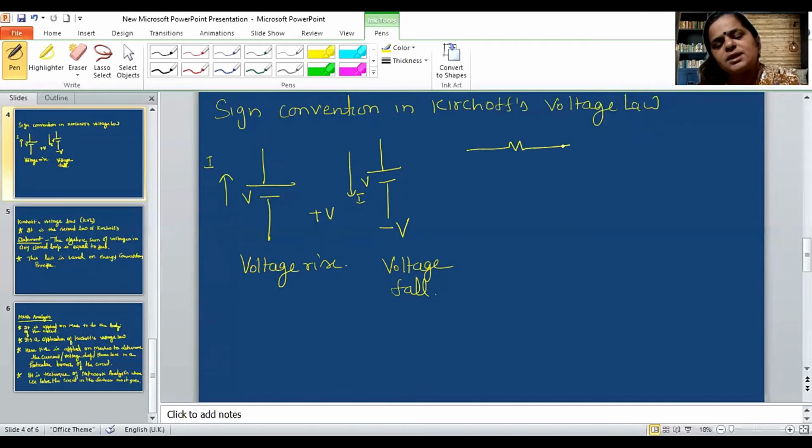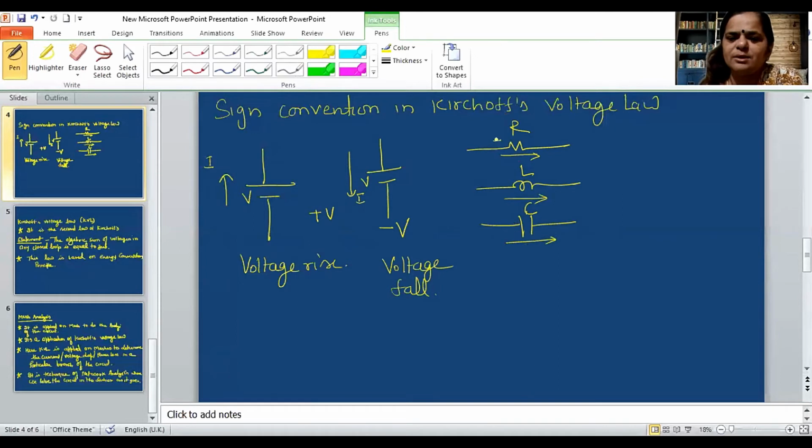Apart from this, if there is any passive element, whether it is a resistance or inductance or capacitance, when the current flows through it like this, always the entering end of a passive element will be positive and the leaving end will always be negative. So across the passive element, current always flows in a voltage fall way.